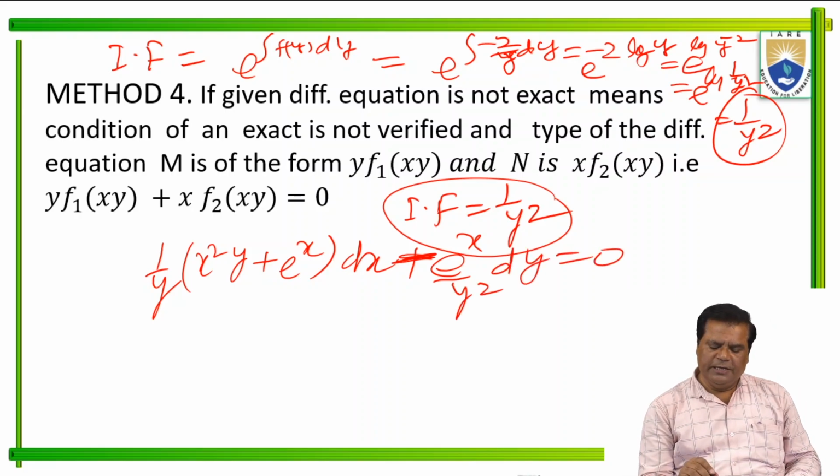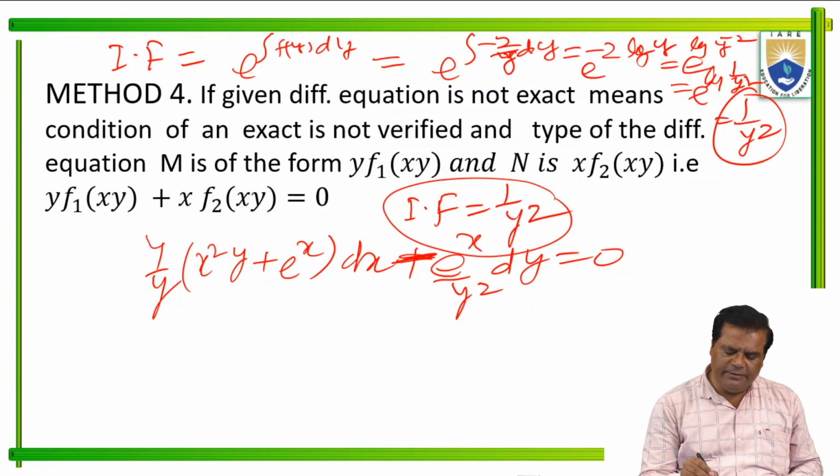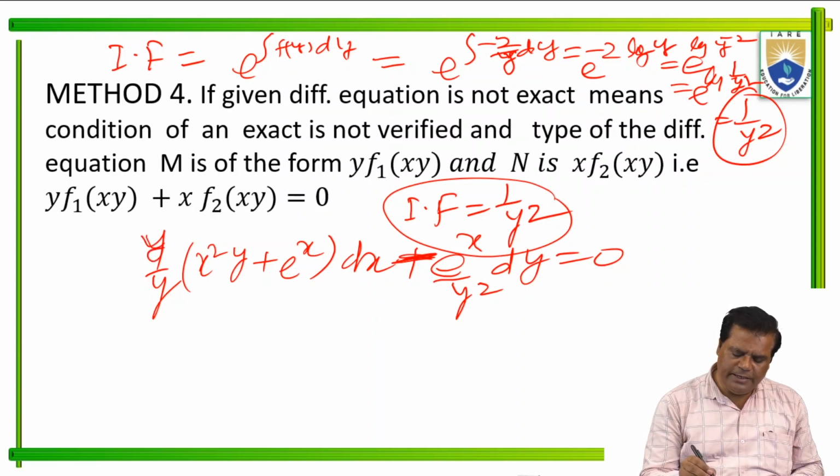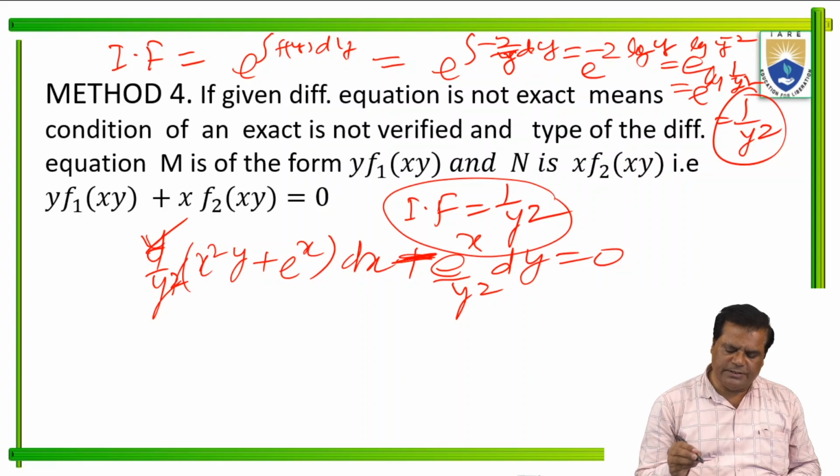We multiply 1 upon y square; already there is y, so y and y square, one y is cancelled.